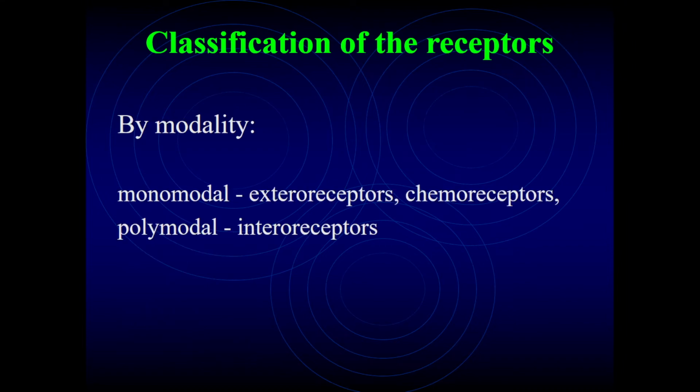The second classification, by modality. There are monomodal or polymodal receptors. Monomodal, there are exteroreceptors and chemoreceptors. Polymodal, there are interoreceptors.